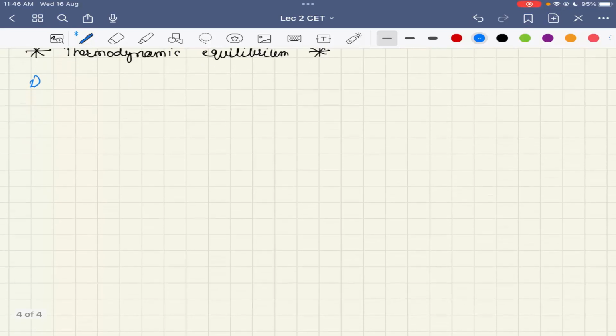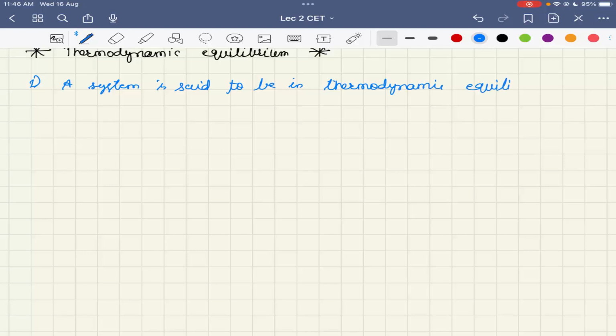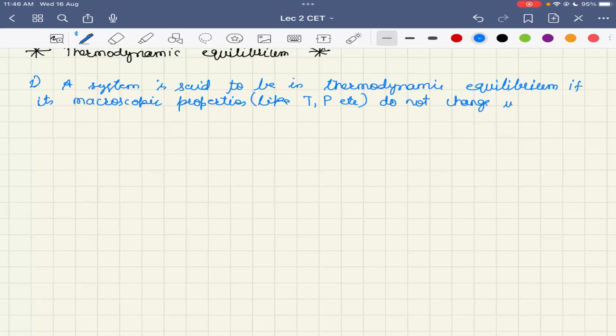So a system is said to be in thermodynamic equilibrium if its macroscopic properties like temperature and pressure, etc., do not change with time and position.